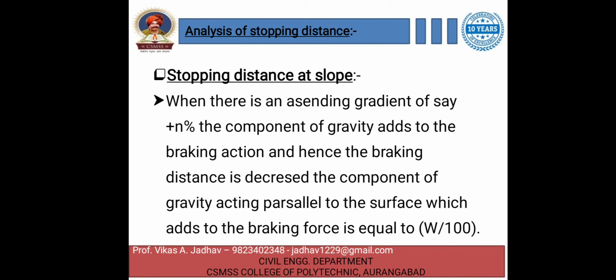When there is an ascending gradient of say plus n%, the component of gravity adds to the braking action, and hence the braking distance is decreased. The component of gravity acting parallel to the surface adds to the braking force, and it will be equal to W upon 100 times n.